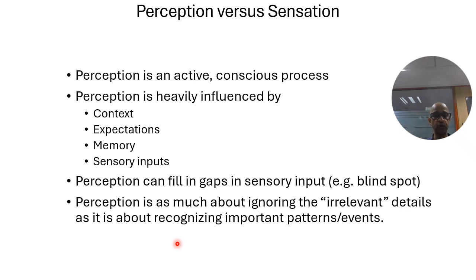So it's about ignoring irrelevant details. Your dog might have played around in dirt and now might appear brown, but you'll still recognize it as your dog, not as, oh, this dog is different from the white dog that I used to own. So your perceptual system needs to be able to fill in details, ignore details, and so on.